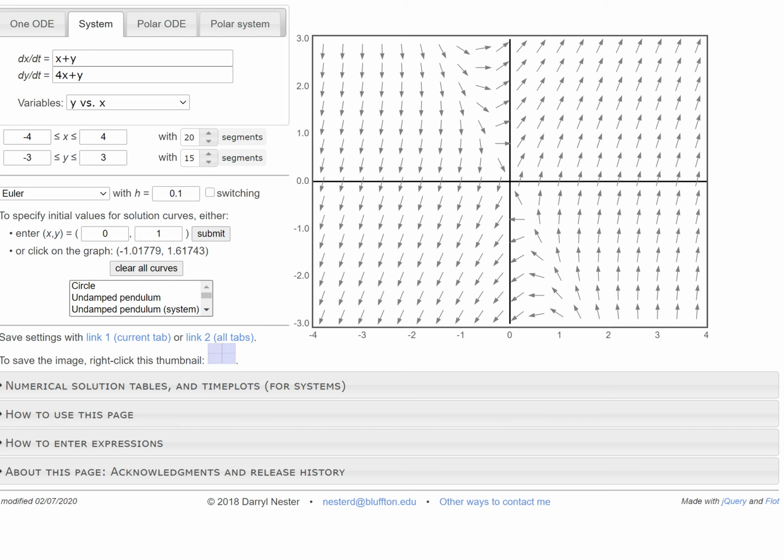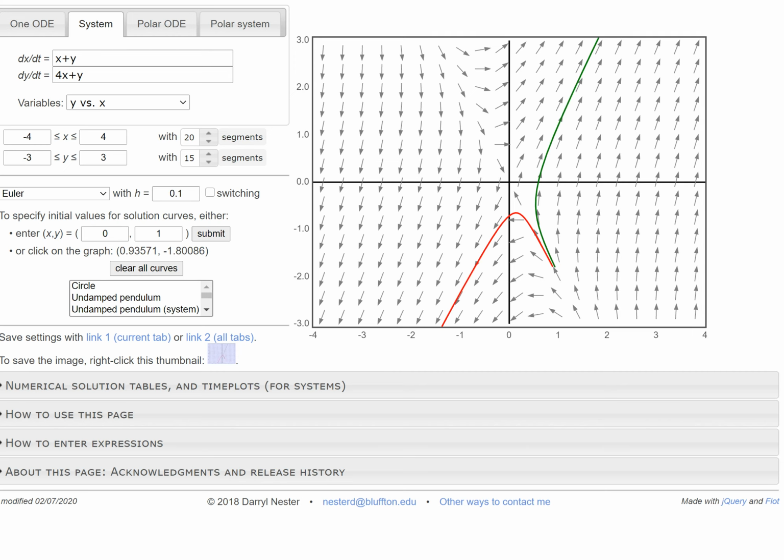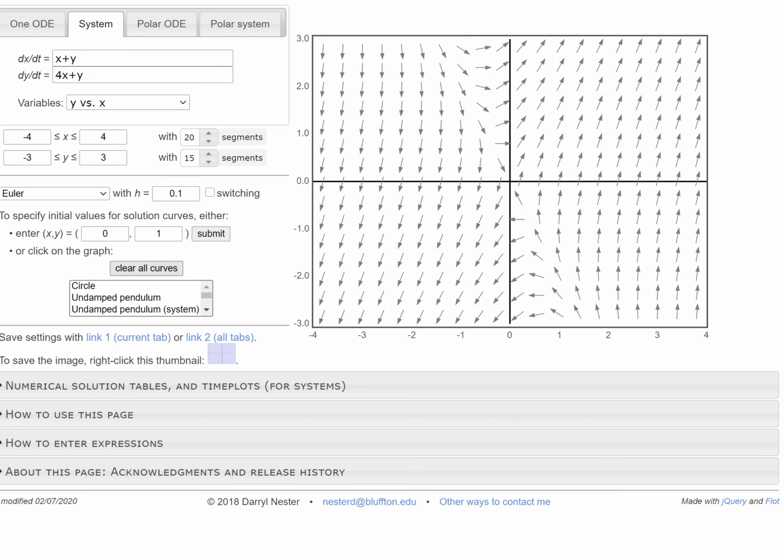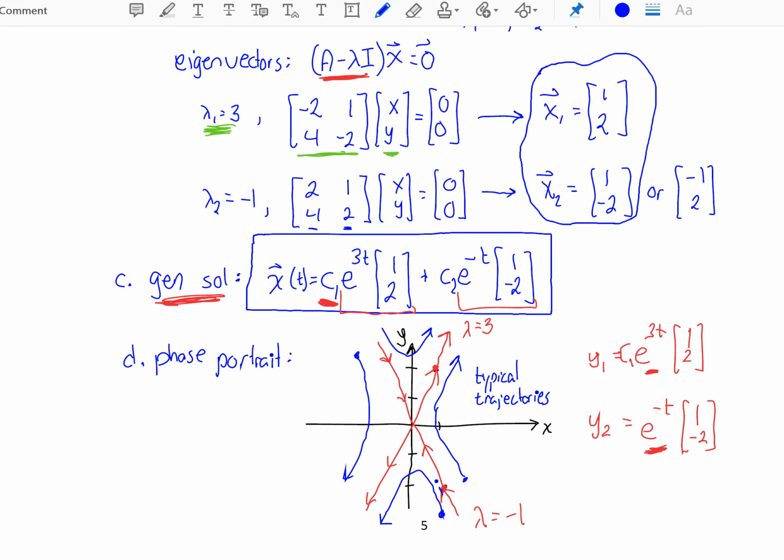Now I'd like to include on here our individual solutions, and it's really hard to get it exactly in the right place. I can click on here and try and get it, but it's not actually the straight line solutions that we started with. So let's start by entering some solution points, and notice from our notes that we want to find a point that lives on the line represented with lambda equals -1.